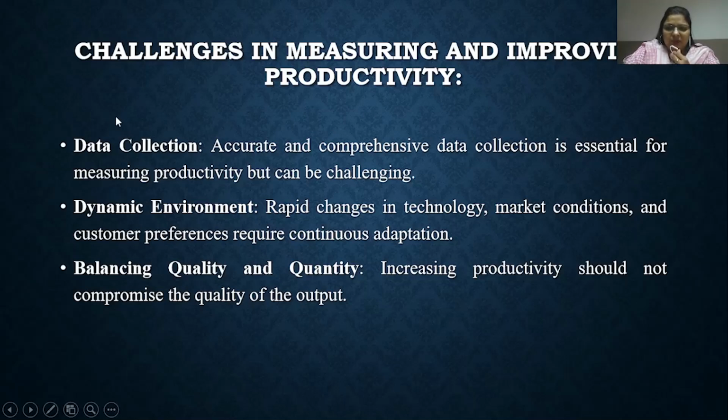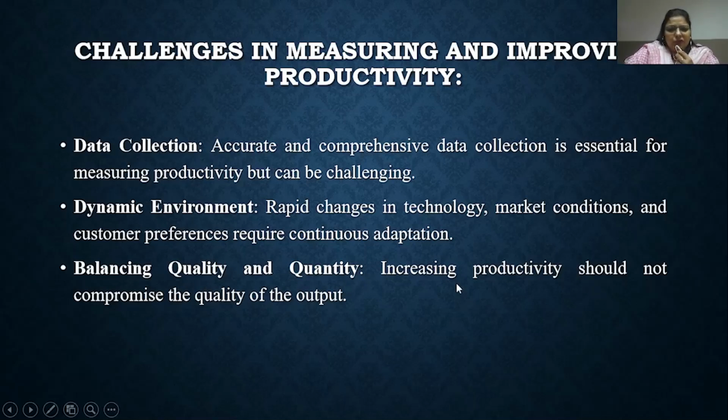overall productivity measures. Next is dynamic environment. Rapid changes in technology, market conditions, and customer preferences require continuous adaptation. A dynamic environment can also be a challenge to measuring productivity. Next is balancing quality and quantity.